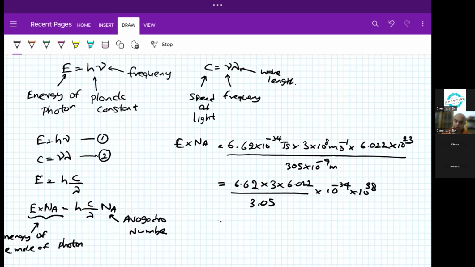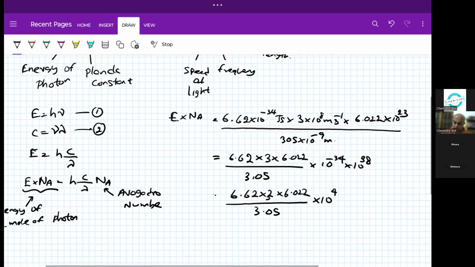So this is 6.62 into 3 into 6.022 divided by 3.05 into 10 to the power 4. So this is in joules. After doing this calculation, you can take the answer. The answer is in kilojoules.